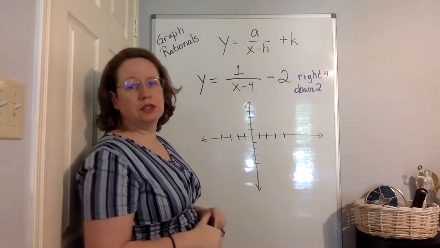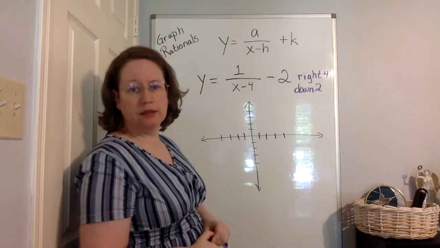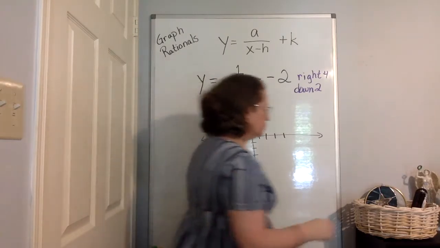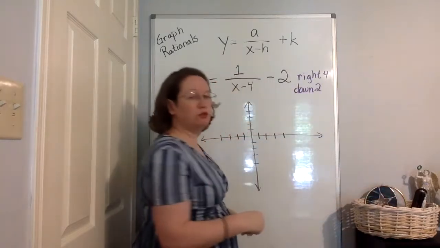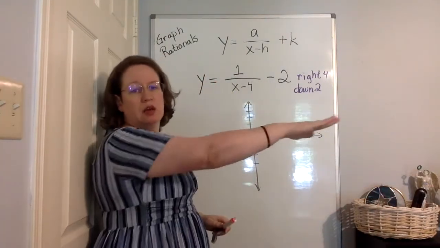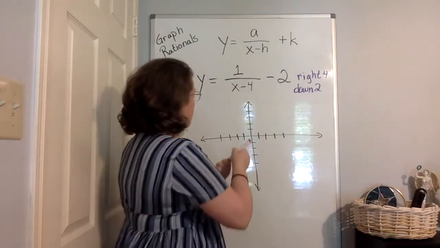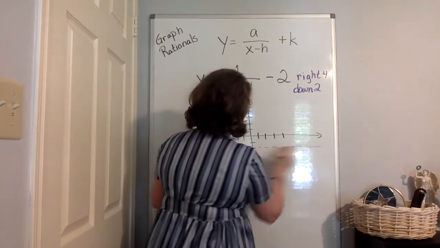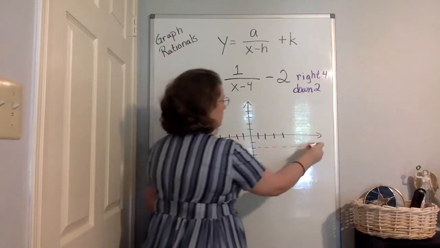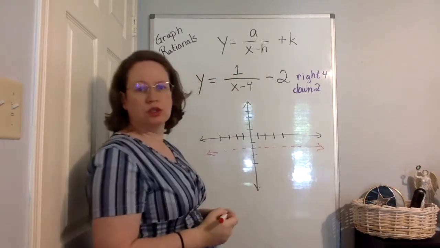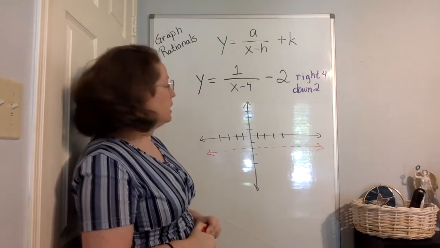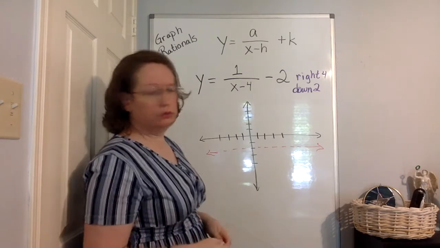So the first thing I do is I'm going to graph my K. All right? So we said it moves down 2. So if I go down 2, there's going to be a horizontal asymptote. So at -2, I'm going to draw a nice dashed horizontal line. That's my horizontal asymptote. Then we said it moves right 4.